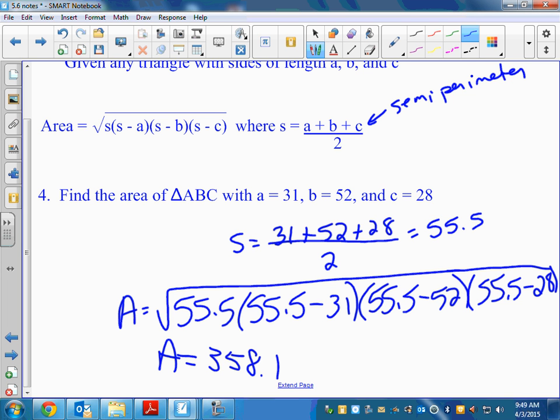Why did I not get that? 358. Oh my gosh. 361.8. I got 361.8. What'd you do? I forgot this 0.5. I just had 55 minus 31. You did. I need help. Check your work.